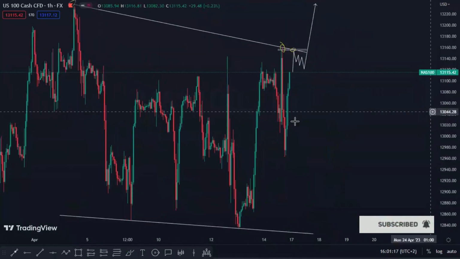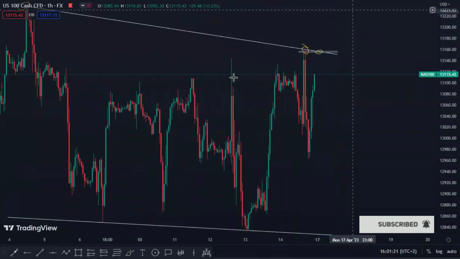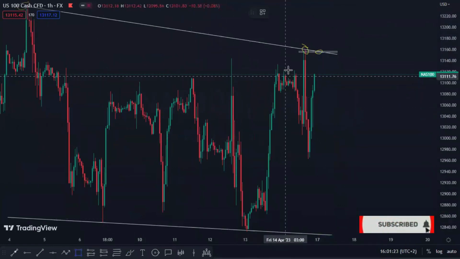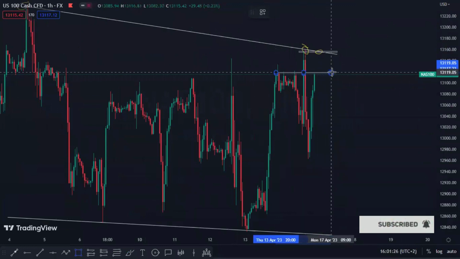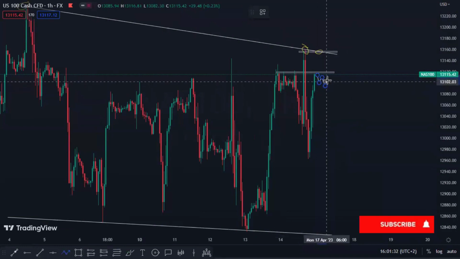But on US 100, I'm just gonna wait for price to impulse to the upside, or price can just respect this zone here and give me that continuation pattern around this area.